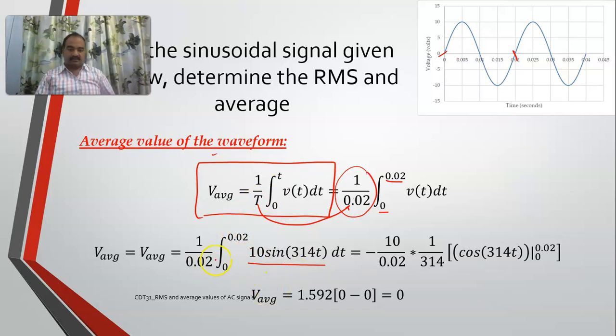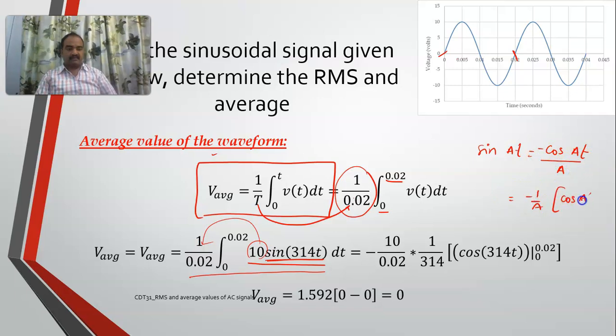Right. So when I do the integration for this, 10 remains outside, that is a constant term. For sine at, the integration is minus cos at by a. So I can write minus 1 by a outside, and cos at. In this case, the a value is 314, so I have written 1 by 314, and the minus also outside.